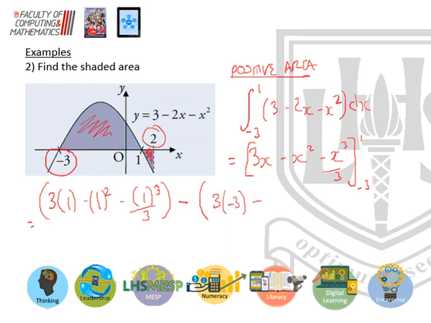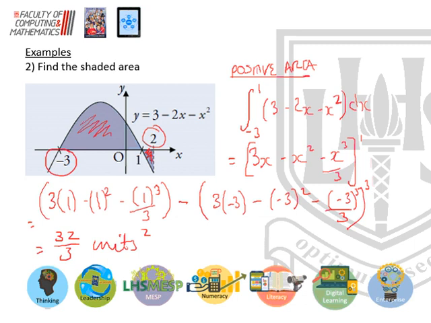So 3 times -3, subtract -3 squared minus -3 cubed divided by 3. Okay, I'm just going to pause the video and run through the answer for that. Okay, so run through those calculations, evaluate them. I'm just going to try and save a bit of time off this video, and that will give me 32 thirds units squared. So that is your positive area.